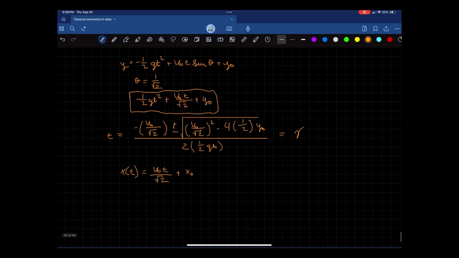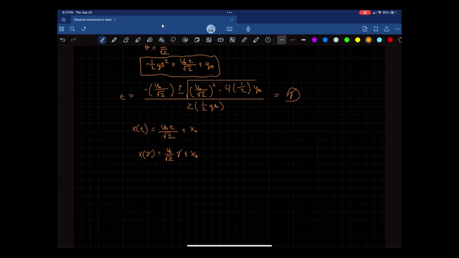And then our projectile would be x of gamma. That's how far it would land. So it would just be v naught over the square root of 2 times gamma plus x0. And then basically once we're here, we have our equation for time. All we need to do is figure out this x naught.